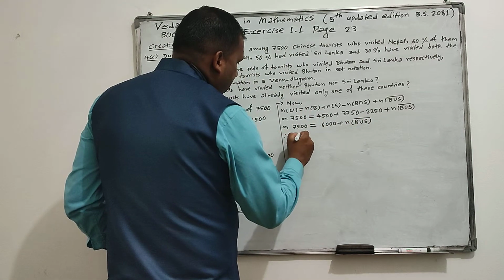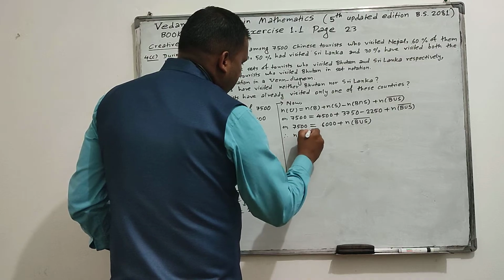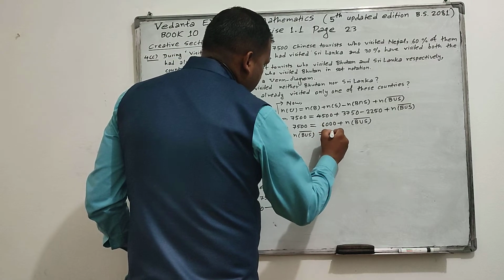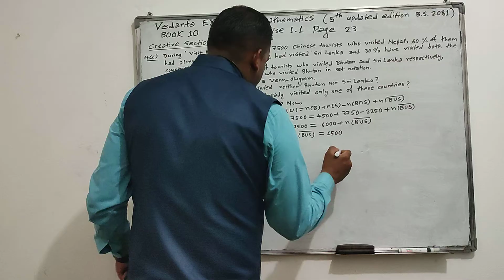Therefore, n((B union S) whole complement) is 1,500.